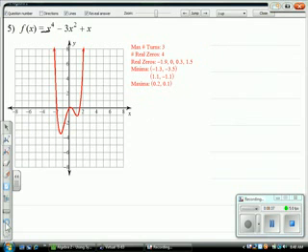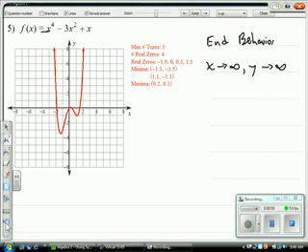Both of the y values will be going up. As x goes to positive infinity, y goes to positive infinity. As x goes to negative infinity, y goes to positive infinity. So how do we write that? As x goes to positive infinity, y goes to positive infinity.